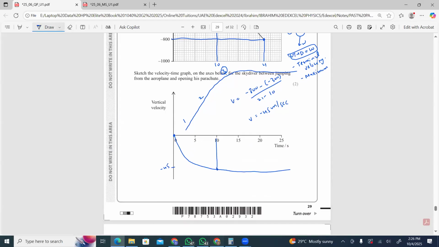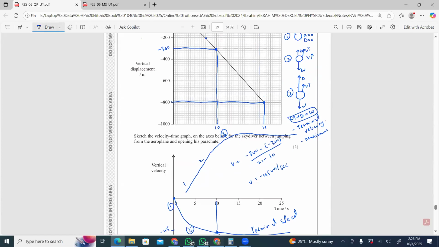So from here it's going straight. This region is showing the terminal speed. And this region is showing 1, this region is showing 2, and this region is showing 3, as I have written up.